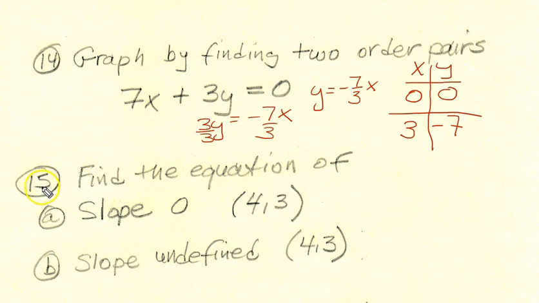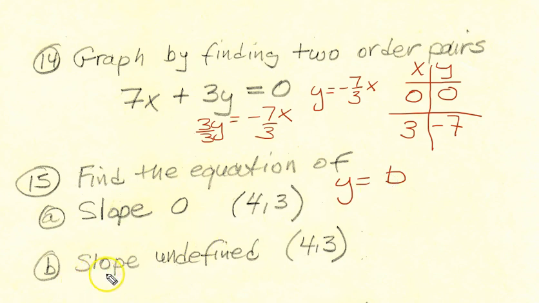For number 15, find the equation of A, in which the slope is 0, and it goes through this point. And then for B, the slope is undefined and goes through this point. Well, here you have to remember that any slope of 0 is a horizontal line, and the equation of a horizontal line is y equals b.